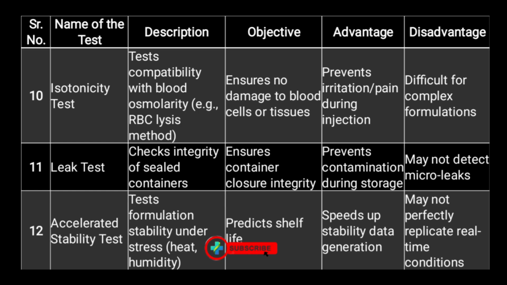Advantage for this test is it speeds up stability data generation. However, the disadvantage is the data obtained by accelerated stability testing may not perfectly replicate real-time conditions, right? So this may be the disadvantage for accelerated stability testing.